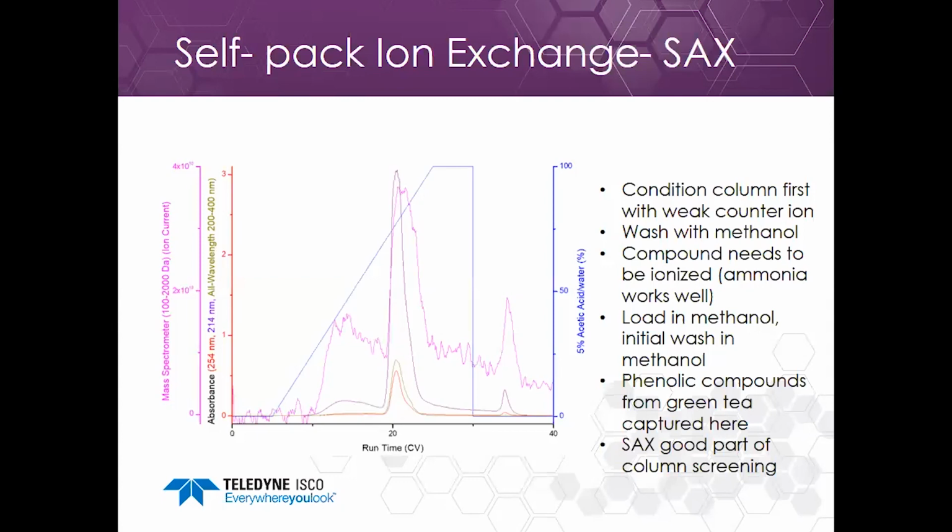This was a quaternary ammonium resin. I had to replace the chloride counter ion with acetate before use because that's a weaker ion than the chloride the column came with. If I didn't wash off that chloride, I would have very little capture of the compounds.